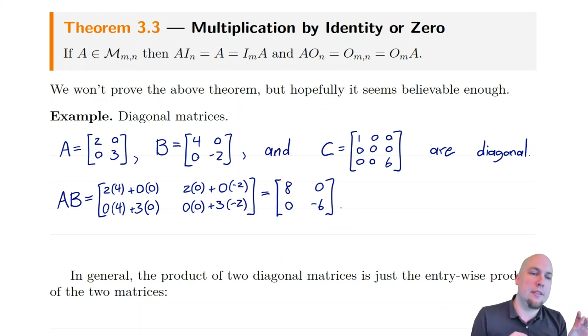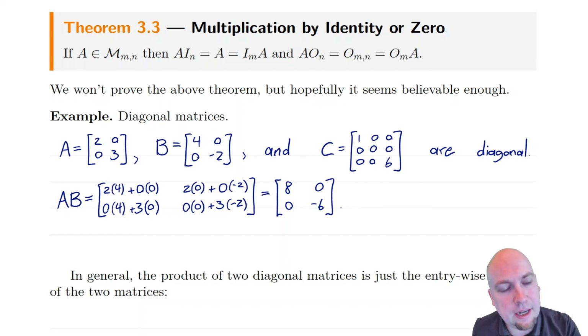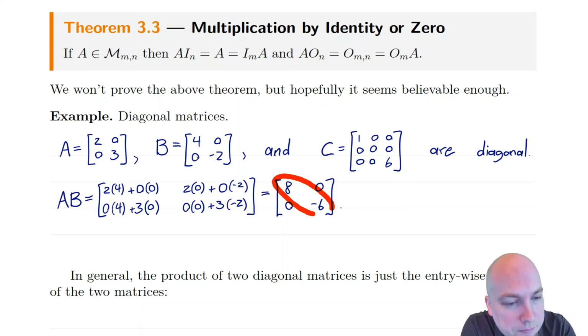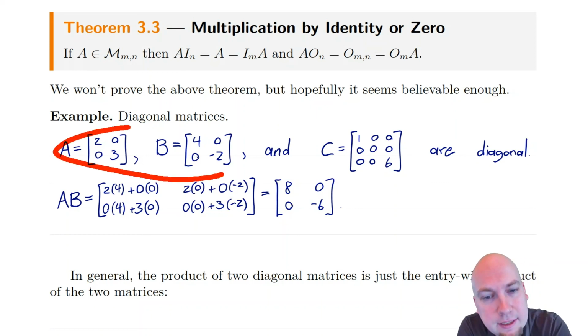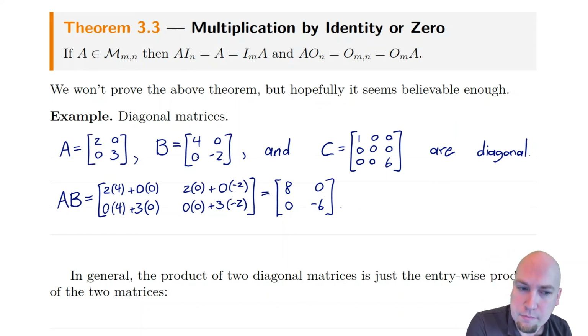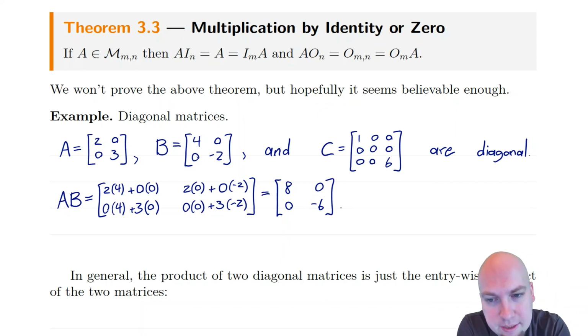And notice that that matrix is also diagonal. I still got zeros in the off-diagonal entries. But moreover, how do these diagonal entries relate to the diagonal entries of the original matrices? The point is, 8 is just the entry-wise product of 2 and 4. That's just the product of these diagonal entries.